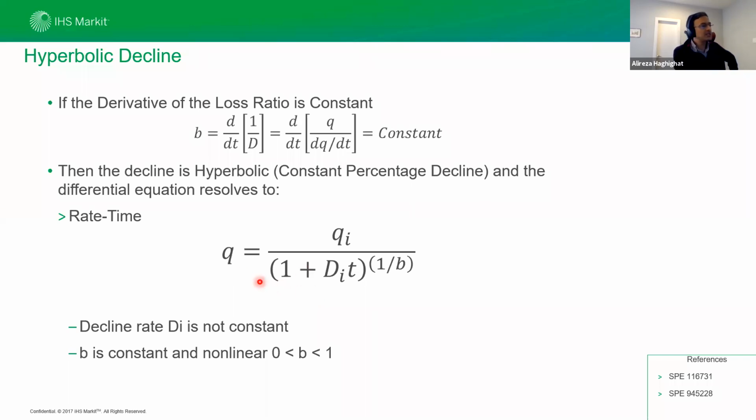So what it tells you is production at any time, this is your rate, is a function of your initial production divided by 1 plus the initial decline rate multiplied by time, to the power of 1 over the B factor, or the parameter that characterizes your decline rate change.